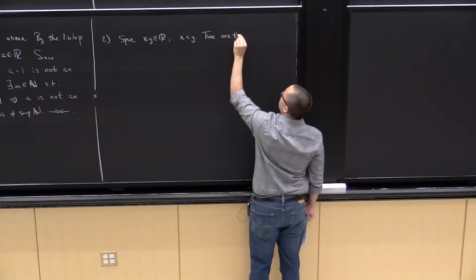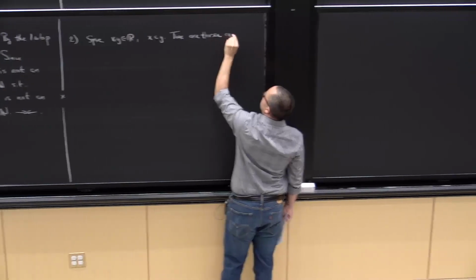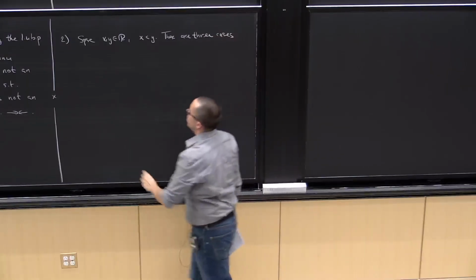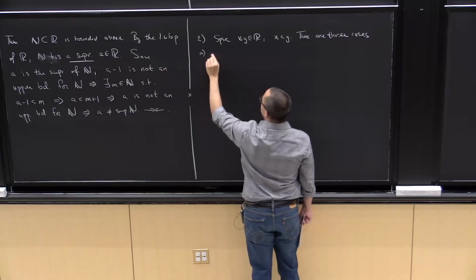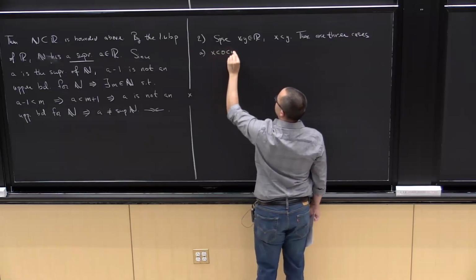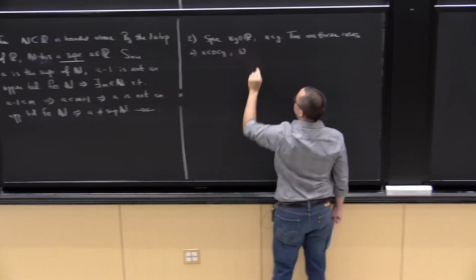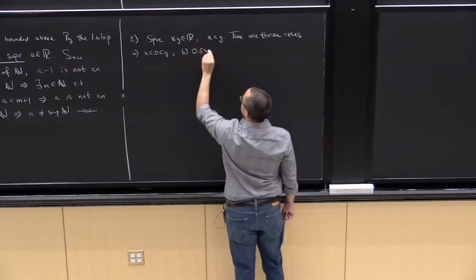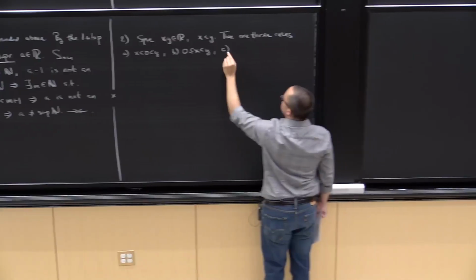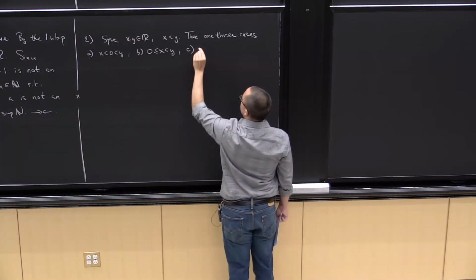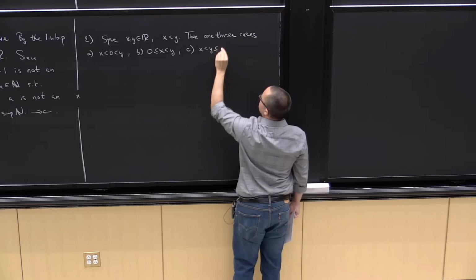There are 3 cases. Case A: x is less than 0 is less than y. Case B: 0 is bigger than or equal to x is less than y. And case C: x is less than y is less than or equal to 0.